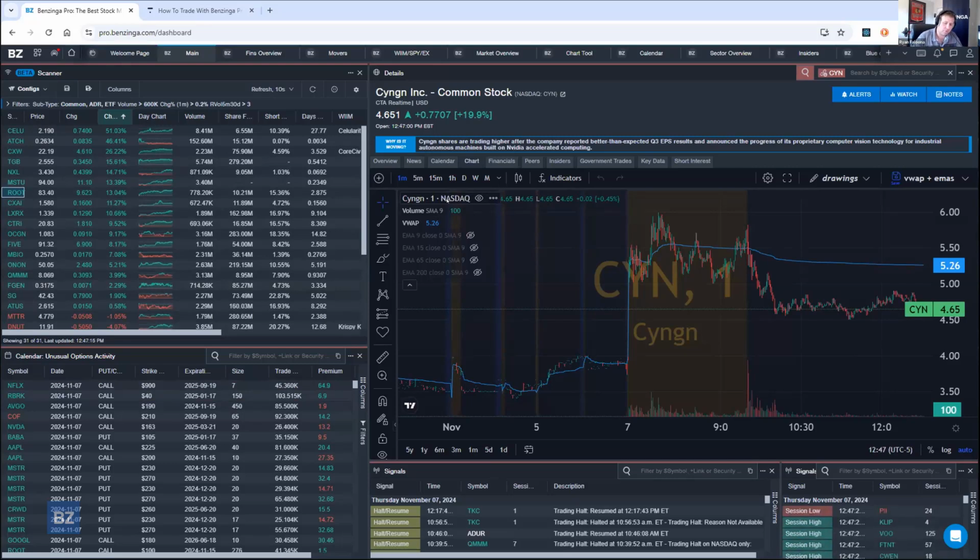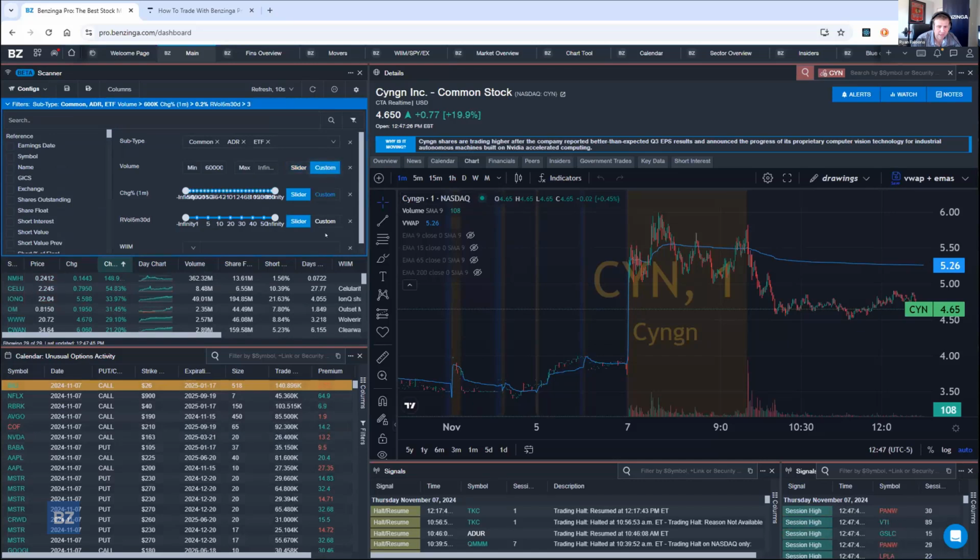And this is one of the reasons why I wanted to cover this, because I wanted to show you how valuable the details tool is. Like I said, this workspace is designed to show me information based on some other tools. The calendar down here is showing me unusual options transactions. The scanner up here at the top is basically scanning for relative volume.